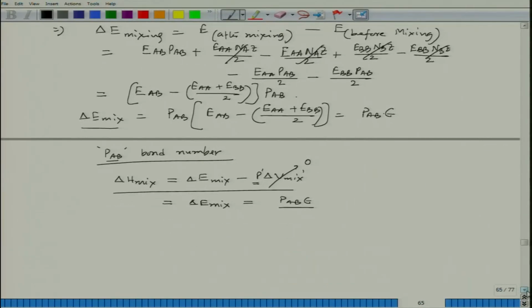So, our entire attention would be now to find out PAB, the total number of AB bonds as a function of xA or xB.